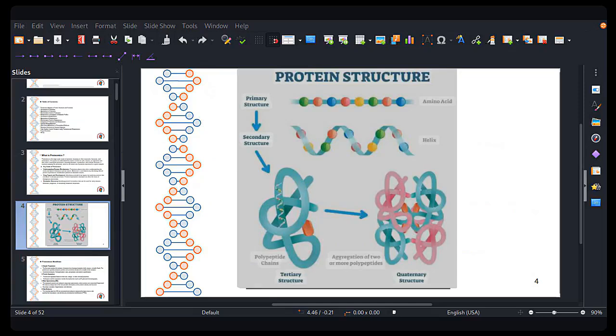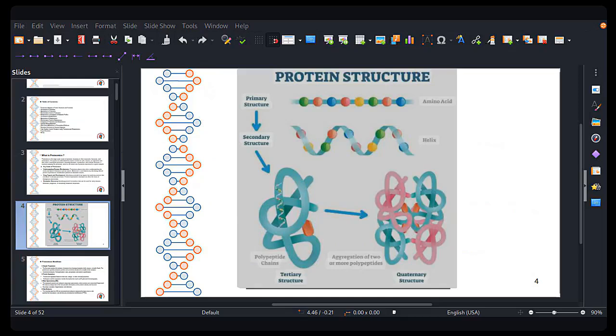And the building block of proteins is? What is the building block of protein? Write in the chat box. You guys should be interactive with me. Yeah, amino acids are the building blocks of proteins.